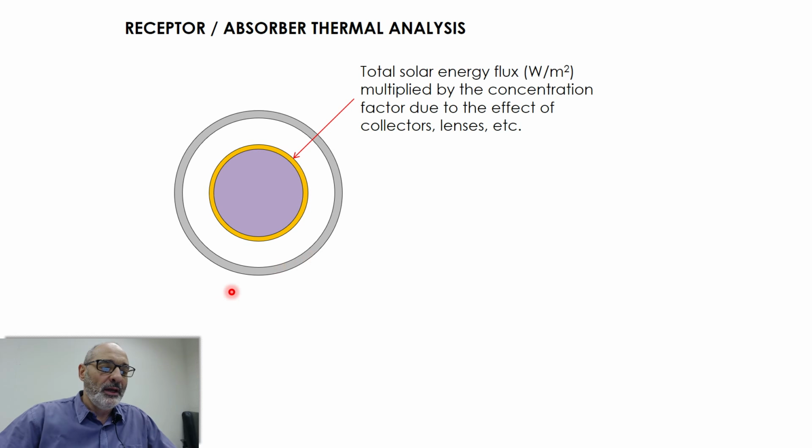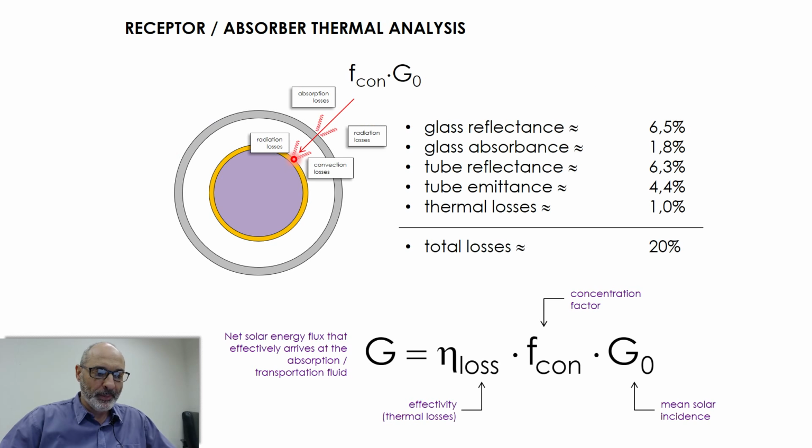The total energy that arrives at the collector tube in watts per square meter is going to be multiplied by the concentration factor, because of the amount of mirror area that is reflecting energy to this point here.